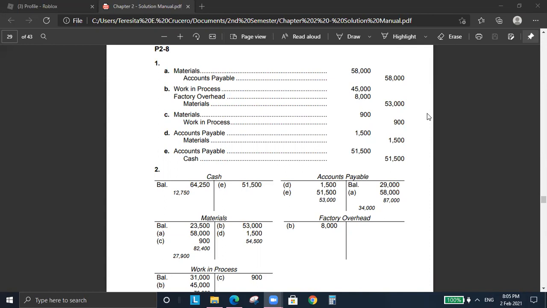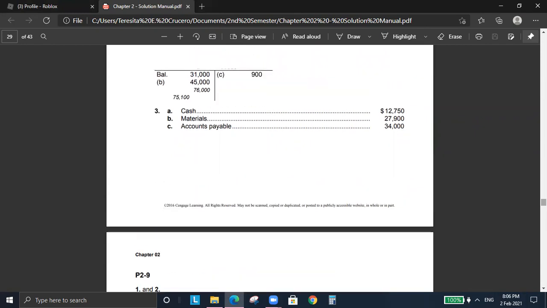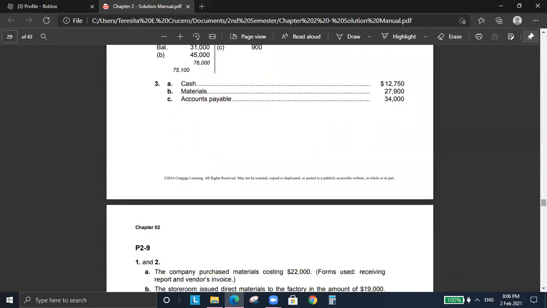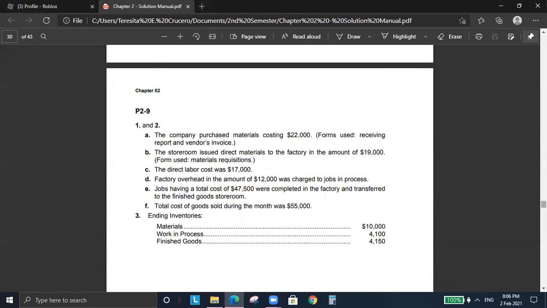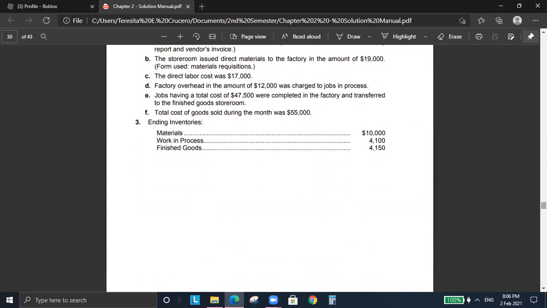Okay, we have now requirement one, the journal entries. Then number two, we have the posting to the T accounts. And number three, we are asked for the balances of the three items. Then after this, we move on to 2-17-R.